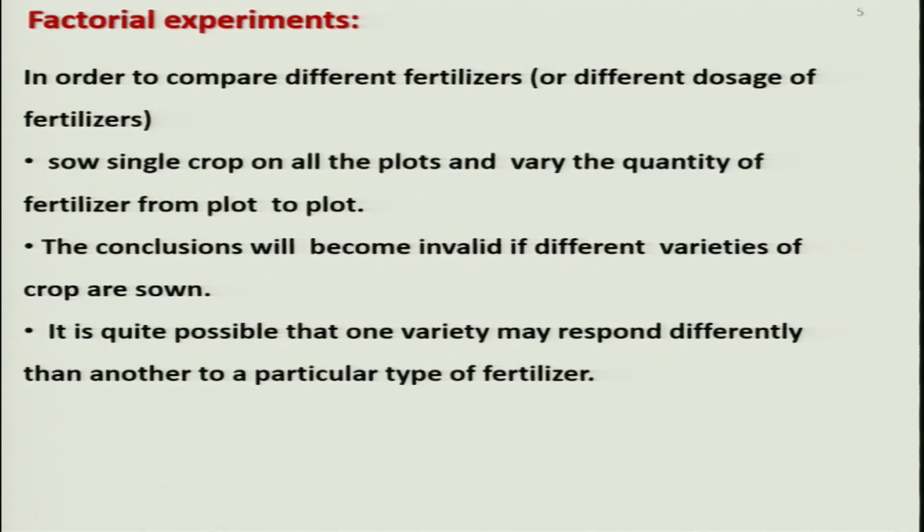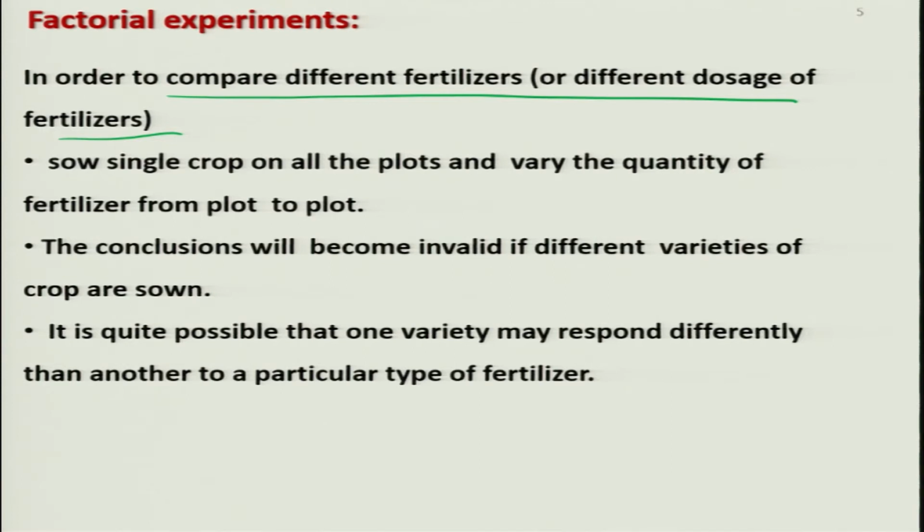Now, in case you want to compare different types of fertilizer or different quantities or doses of the fertilizer, that you want to give 1 kilogram of fertilizer or 2 kilograms of fertilizer in a given area, then how are the crops going to change, what is the effect and so on. So, if you want to have this type of conclusion, what can you do?